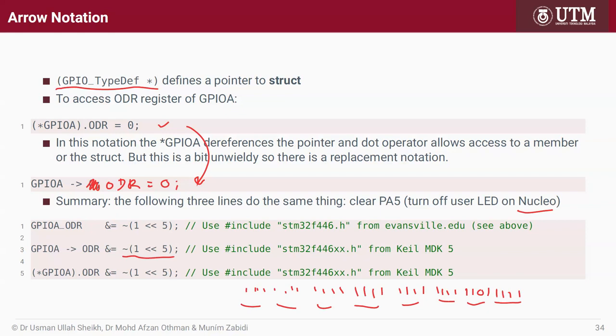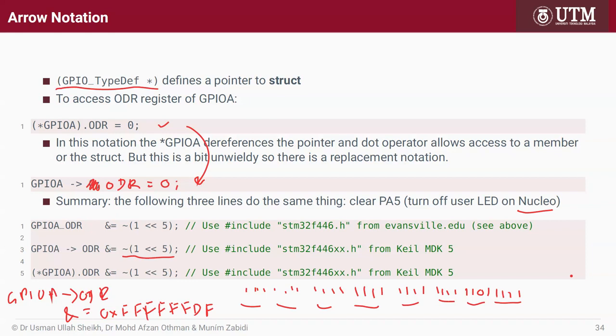So what you're doing here to clear that bit, you have to do GPIOA ODR AND with 0x FFFF FFDF. Okay, so who wants to do this?